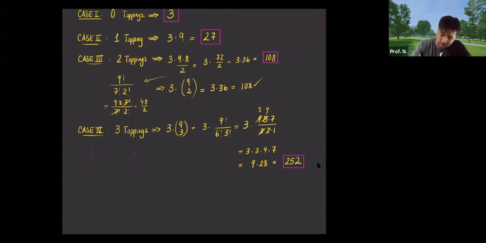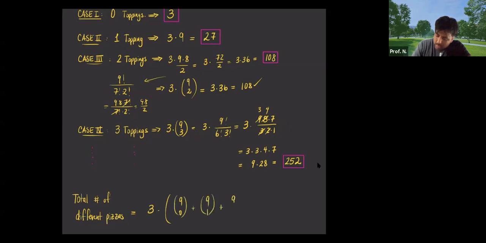So the total number of different pizzas is equal to 3 multiplied by 9 choose 0 plus 9 choose 1 plus 9 choose 2 plus ... 9 choose 8 plus 9 choose 9.